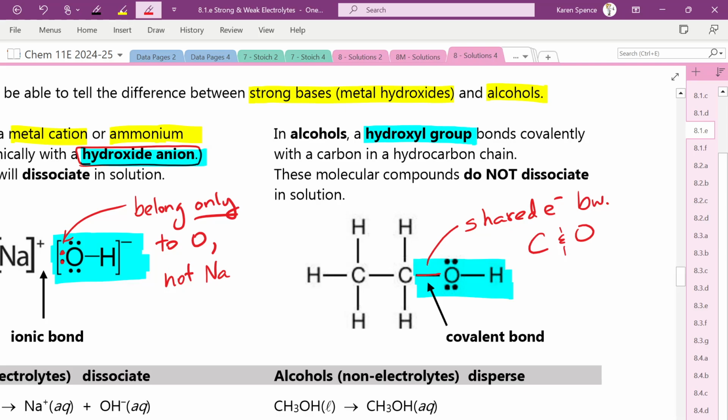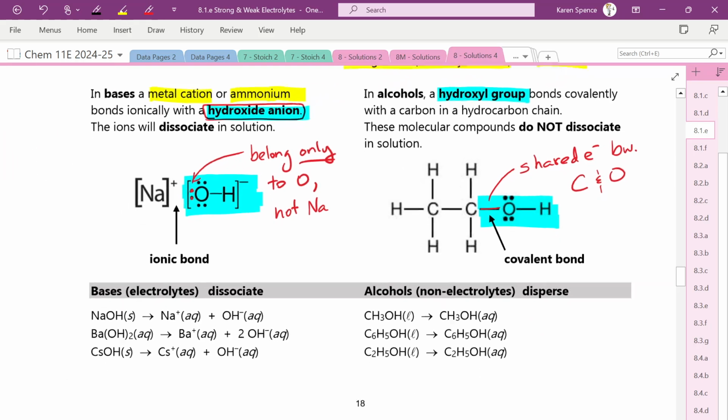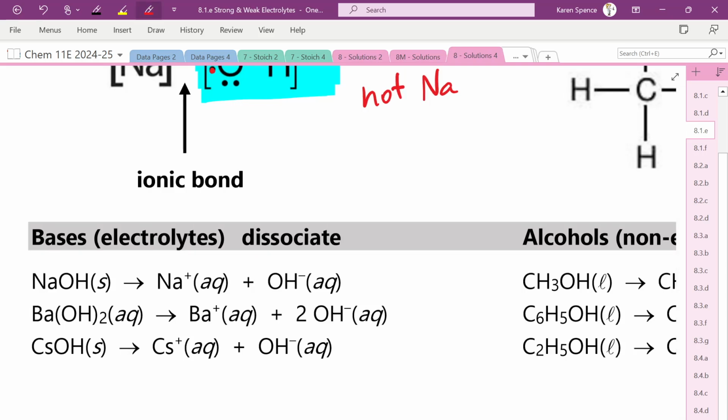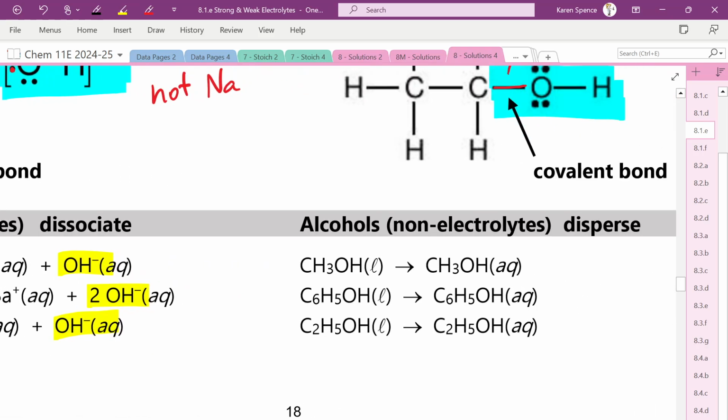Anyway, they can't do that with this. So the upshot of this is that bases are electrolytes, and you can see that the hydroxide comes off. But alcohols, non-electrolytes, they just stay the same and they disperse rather than dissociating.